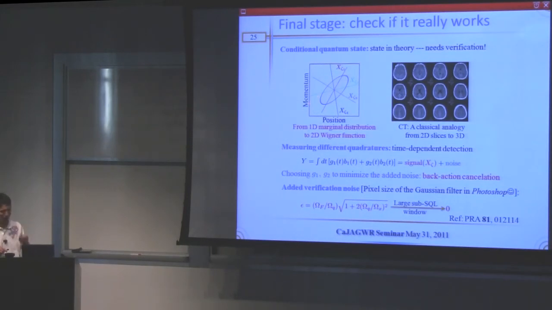You need to use a time-dependent detection. And here, you need to integrate over the output data. Then you get the signal, which can be understood in the following way. Because you measure the position and the momentum at different times, you can invert back to get the arbitrary quadrature you want, by applying different G1 and G2.